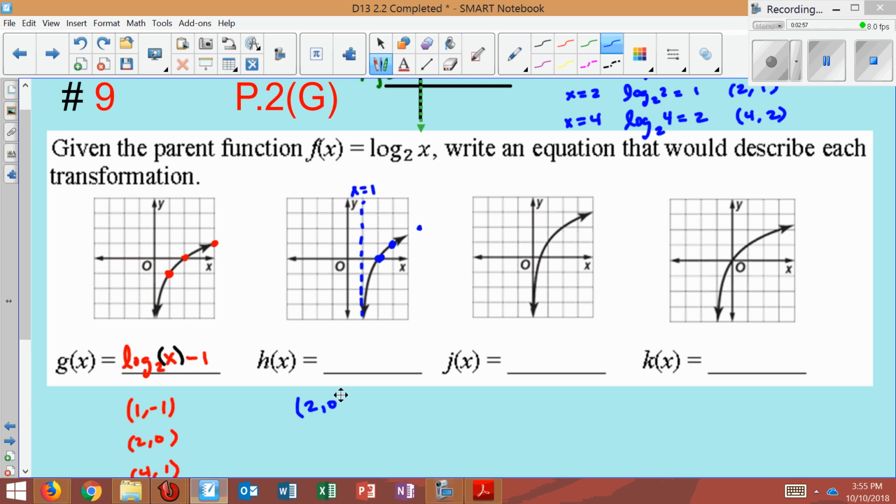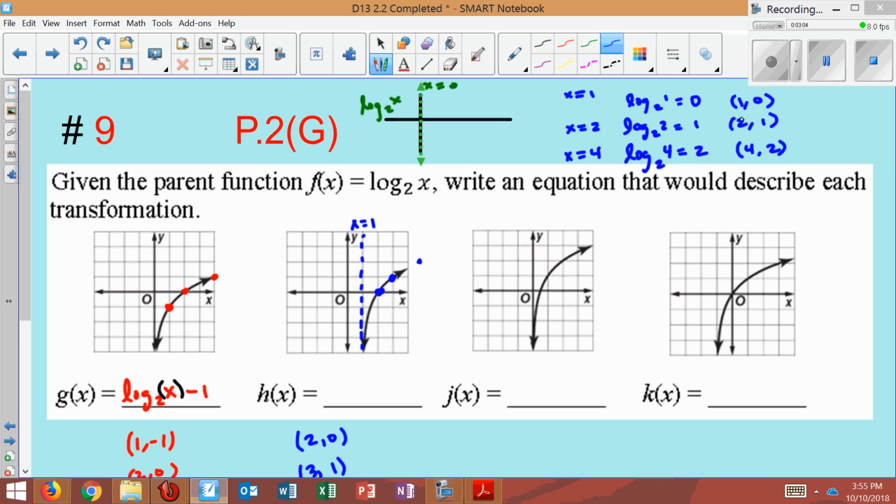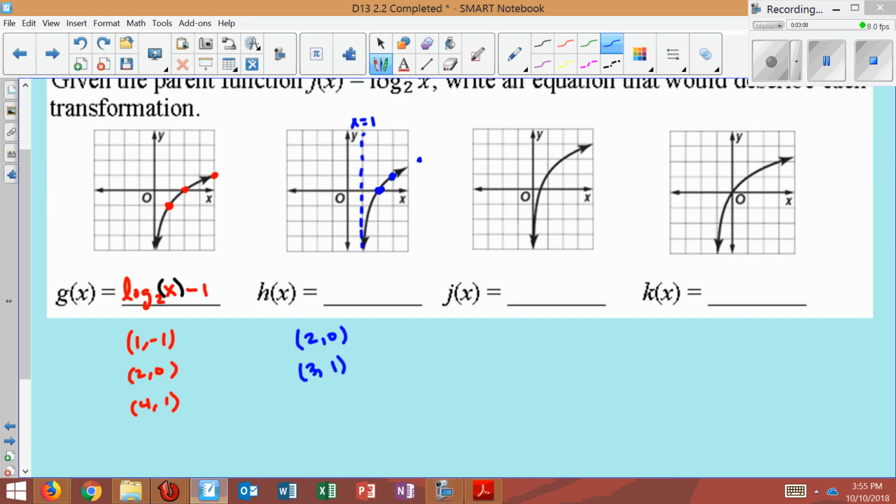I have 2 comma 0, and I have 3 comma 1. Are these two points shifted right one? They are. You see how these have just been shifted right one. So this would be the equation log base 2 of x minus 1, to go right one. On the inside it lies, so you do minus 1 on the inside with x. Also written as f of x minus 1 like this. Just like I said earlier, we could write g of x as f of x plus 1.